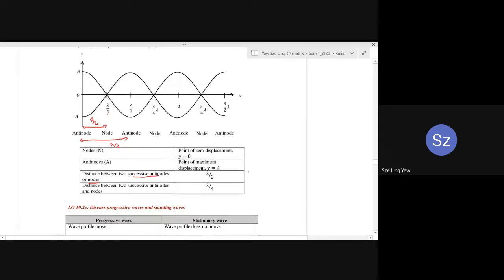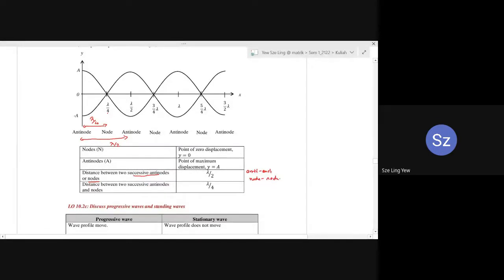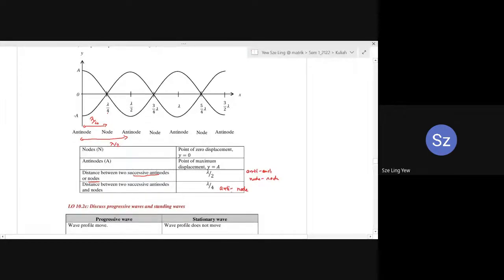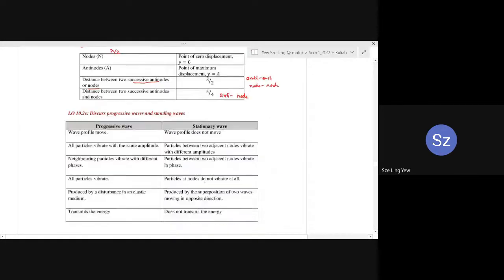Okay, so basically this one is antinode and then antinode, and this one is node and node. The distance between these two positions. Whereas for lambda over 4, you're looking at the distance between antinode and node. All right, so that is the difference between them.